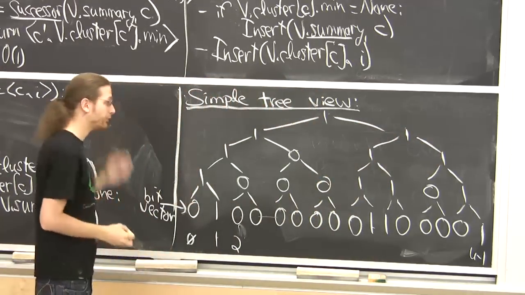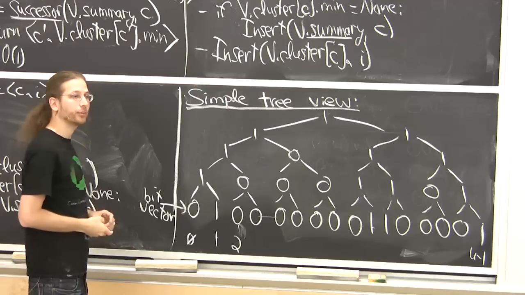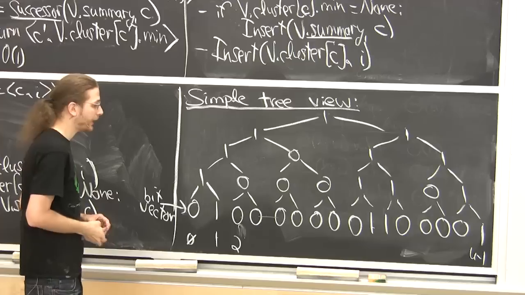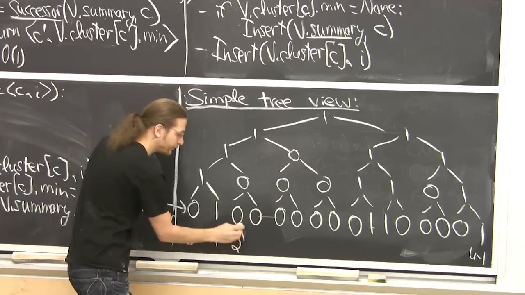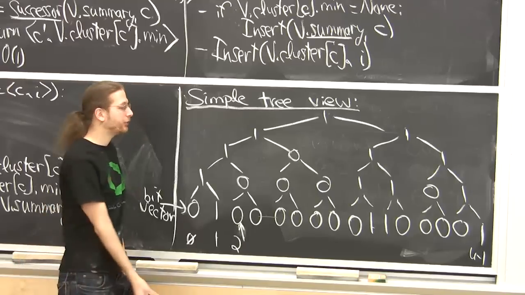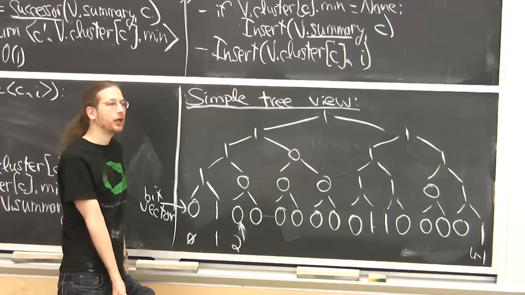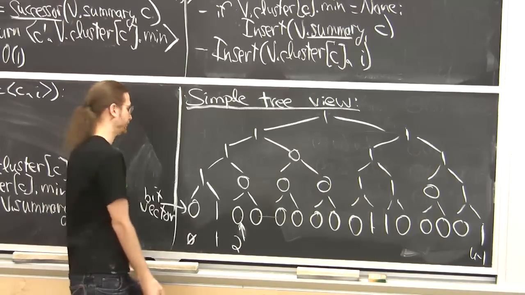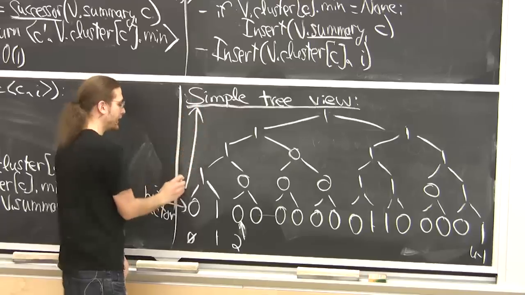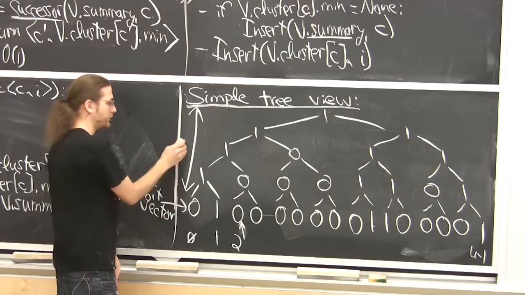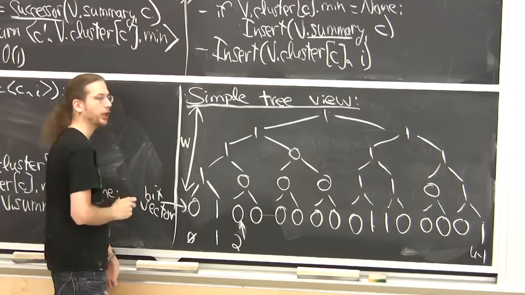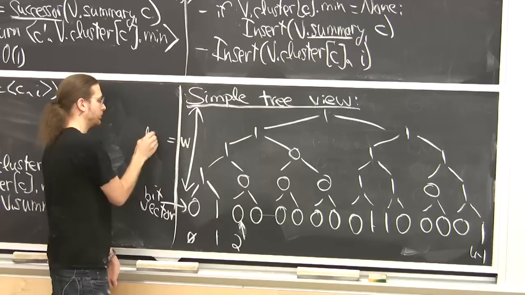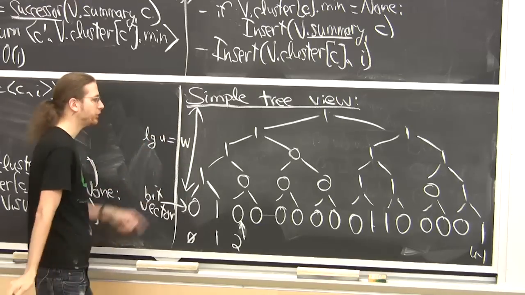Okay, now we have a binary tree with bits on the vertices. And I claim if I want to compute the successor of this item, I can do it in a pretty natural way in log u time. So keep in mind this height here is w, right? Log u. So I need to achieve log w.